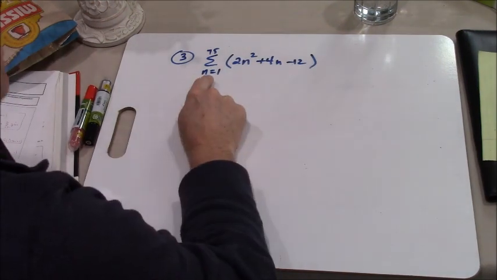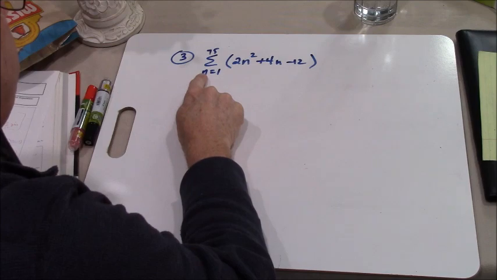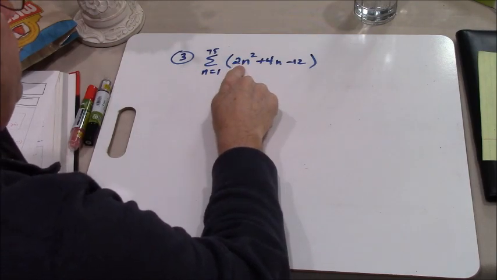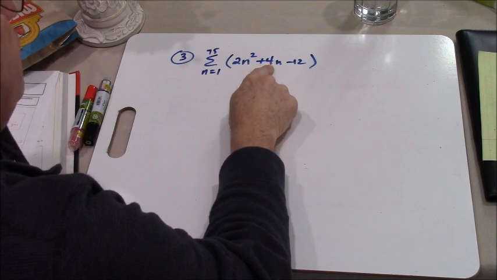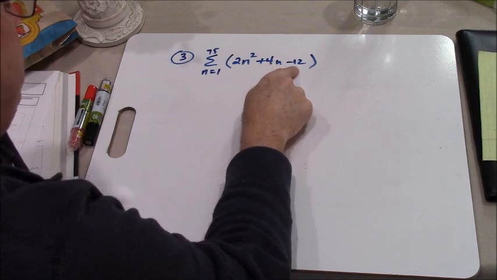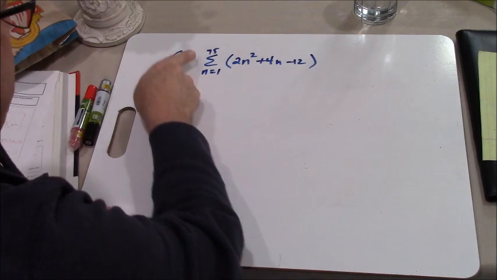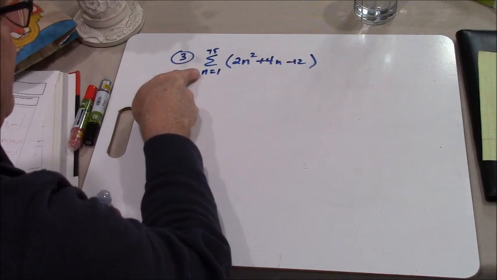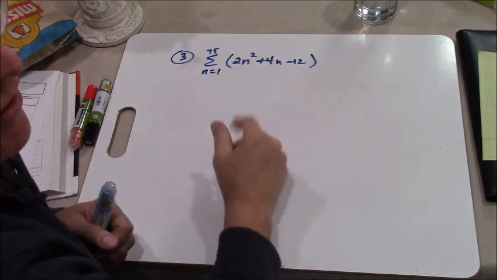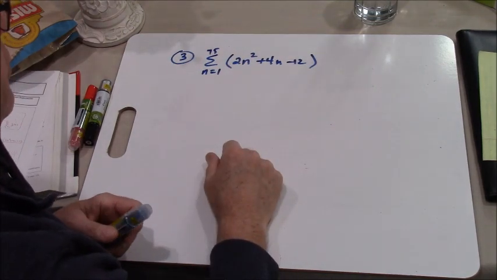All right, you guys go ahead and try this one. We've got the summation for n equals 1 to 75 of 2n squared plus 4n minus 12. I wish the book would kind of avoid this variable because our n value is really 75, and now we've got these other n's in there, and that makes it a little confusing.